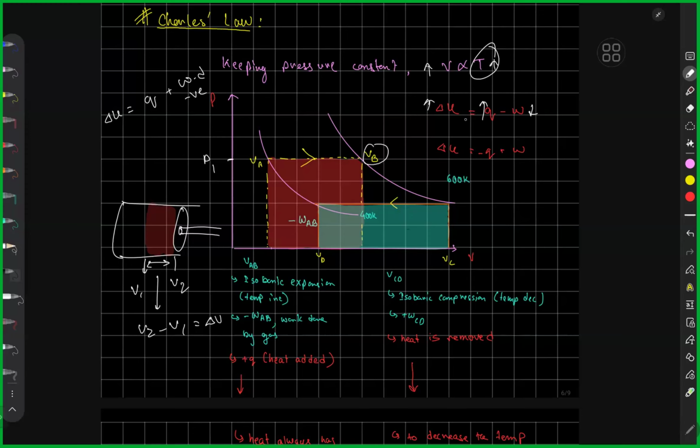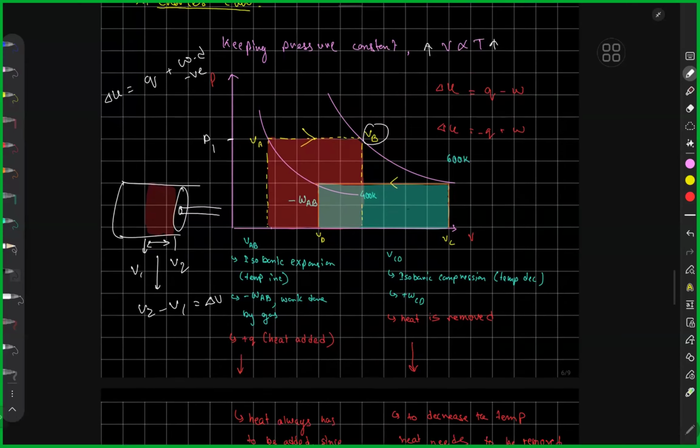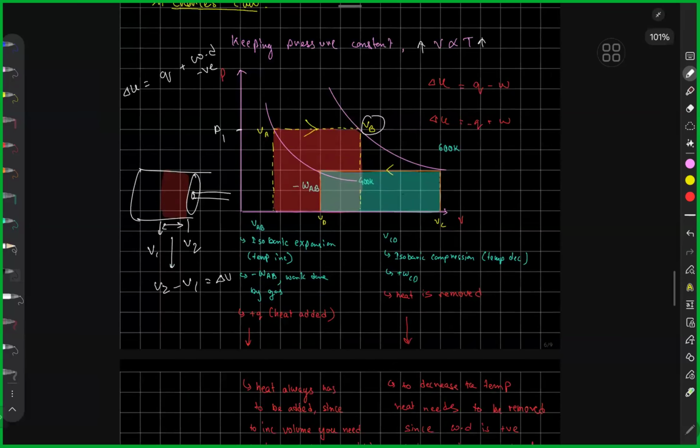So if heat is supplied, only then will the internal energy increase. Got it? Great. So basically, I found out heat is being supplied in this case. And these are questions that will come in your paper as well, as you saw last class when we were talking about the graphs. Now, similarly, VC to VD, what happens?